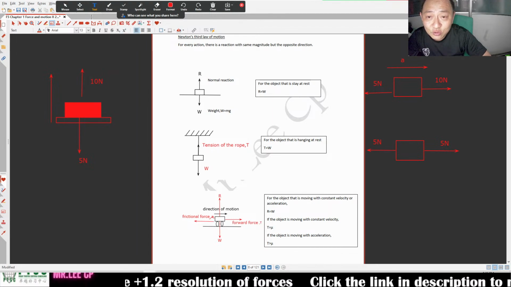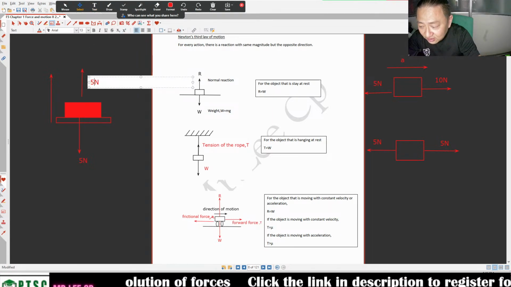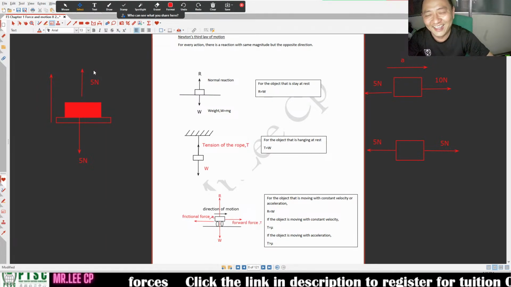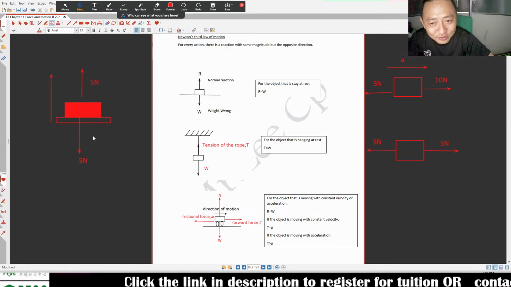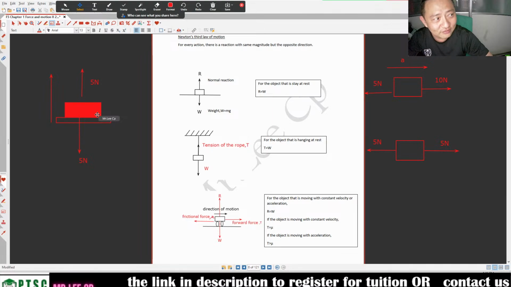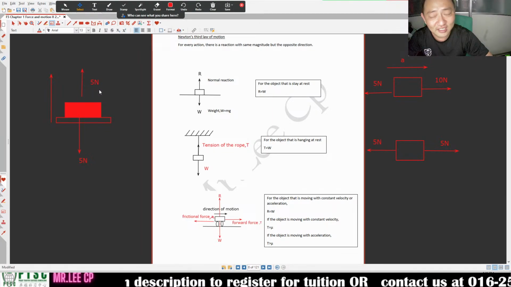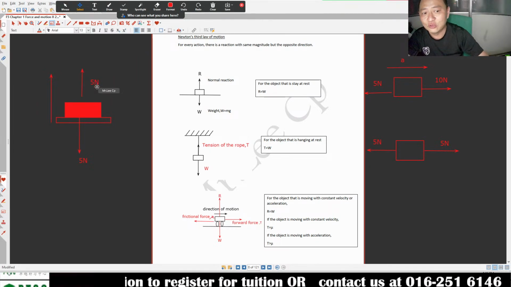If I pull it with 5 Newton, then yes. I want to ask you, if I pull it with 5, do you think it will move or not? For this case, I pulled it with 5. Do you think it will move or not?